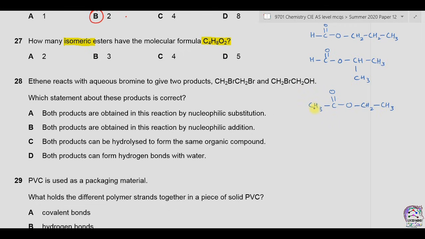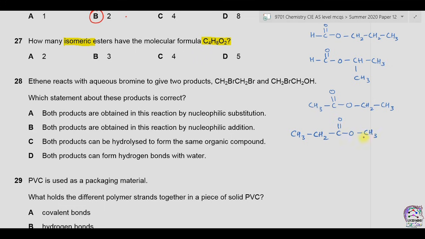We can change the number of carbon atoms on this side. Now, as we had one carbon atom, let's draw with 2 carbon atoms. We have CH3, CH2, C double bond O, O and CH3.